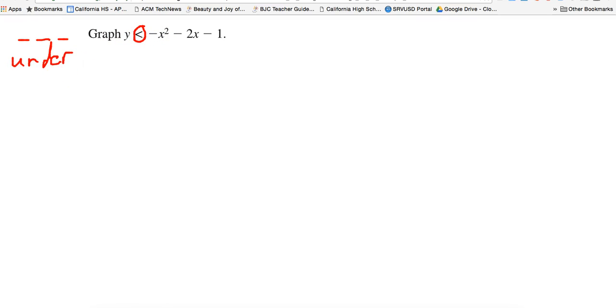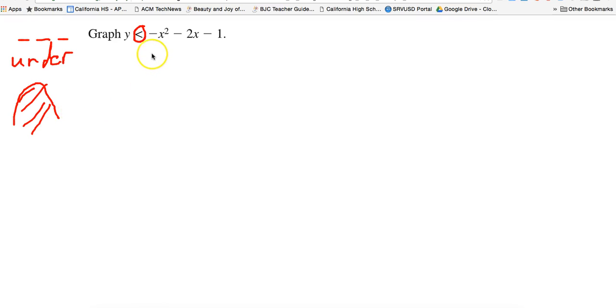So we're going to want to make sure that the area under our parabola is the one that we're graphing. You'll notice that our a value is negative, so our parabola is going to be opening down. So when we shade under, it's going to be this area underneath our parabola.